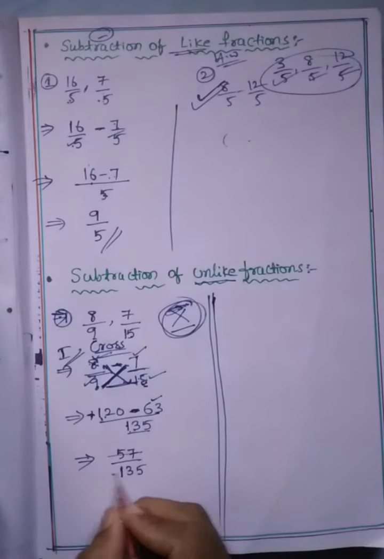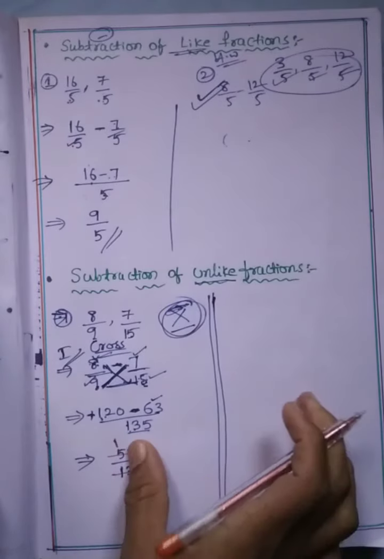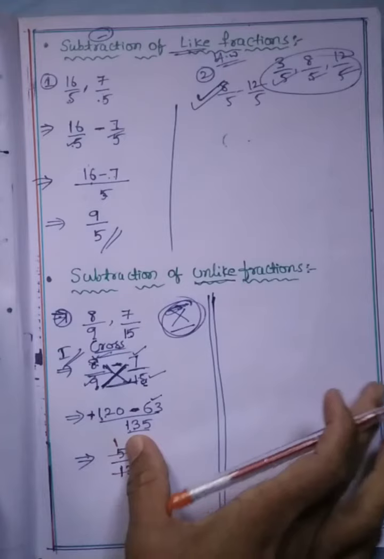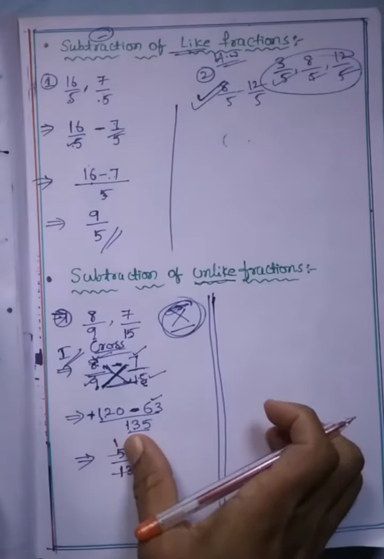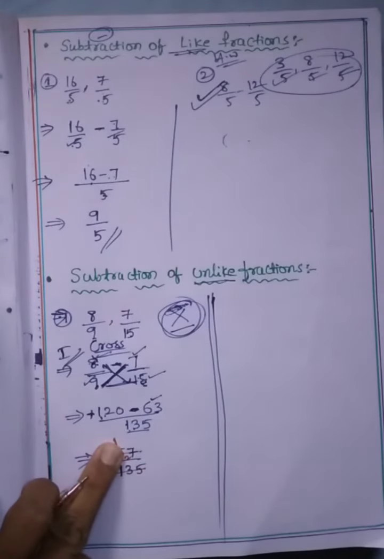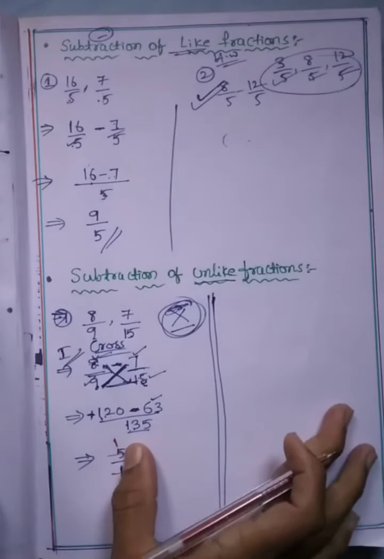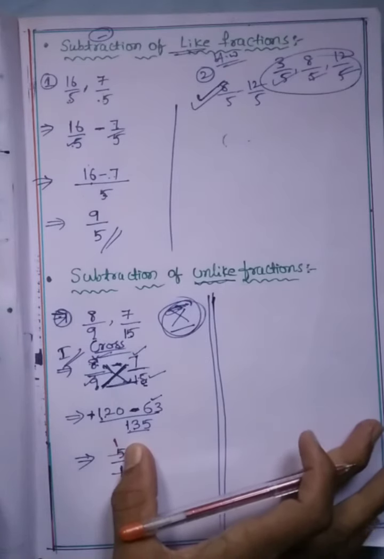Just observe here, 57 means the 3 table. 3 ones are 3, but 5 is there. Subtract 3 from 5, 2 remain.